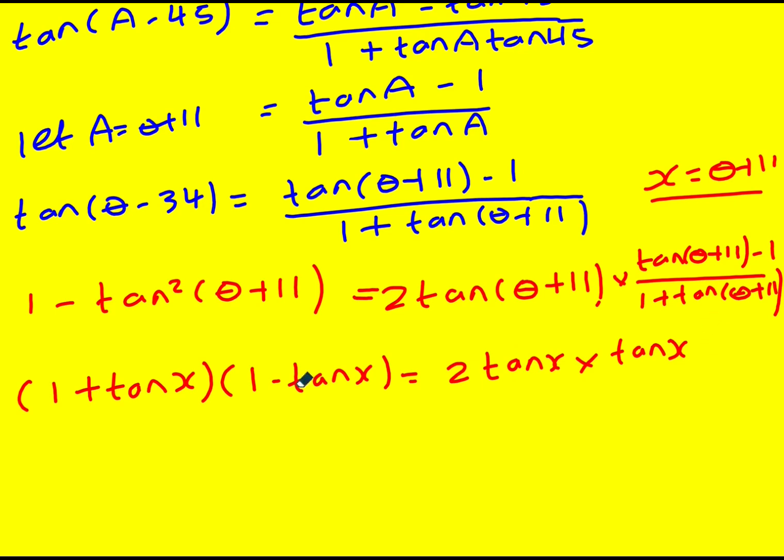But what we see is we've got 1 minus tan X over here. So if I times by minus 1 and minus 1 up here, I can write it as 1 minus tan X. They're the same thing because I've got a minus times 1 minus tan X. That takes us back to tan X minus 1. And the reason I've done that is that now I can cancel these two out.